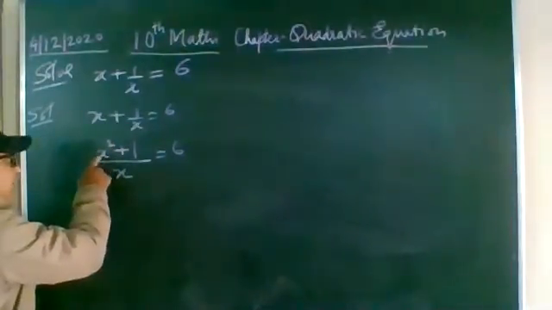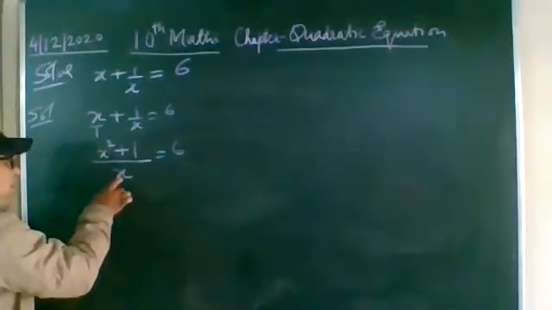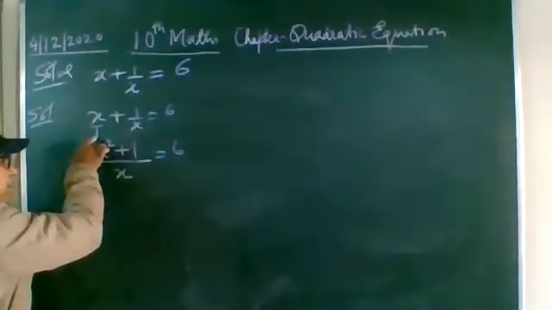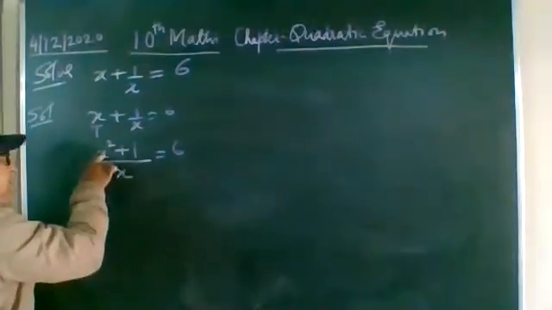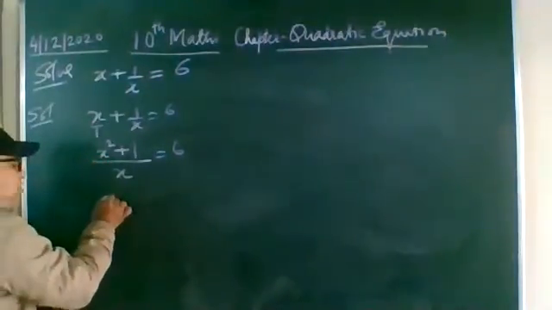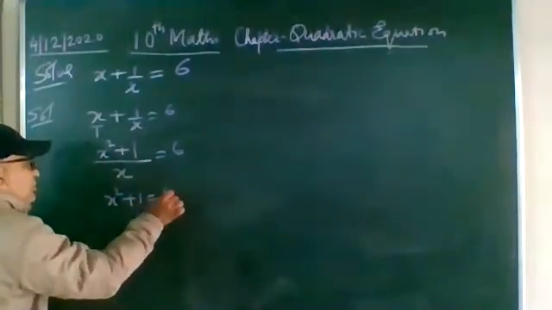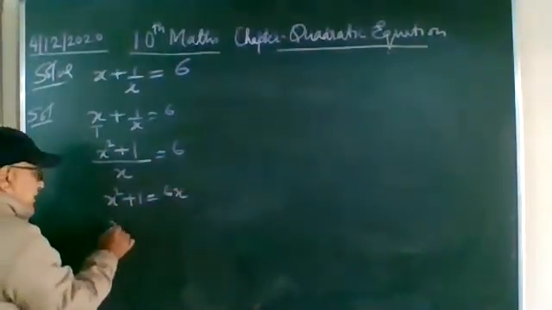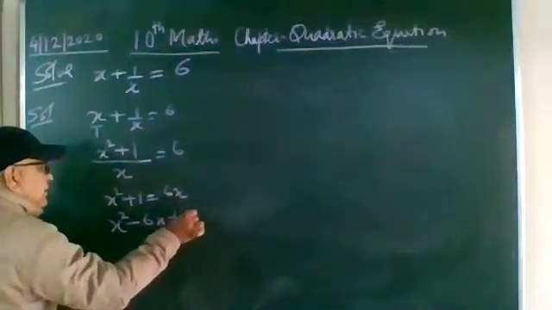So this x square, from where are you getting it? If we are taking 1 here, this x divided by 1, how many times will it go? x times. And x into x will be what? x square. So x square plus 1 equal to 6x. x square minus 6x plus 1 equal to 0.